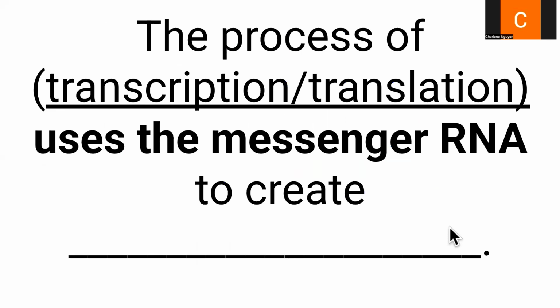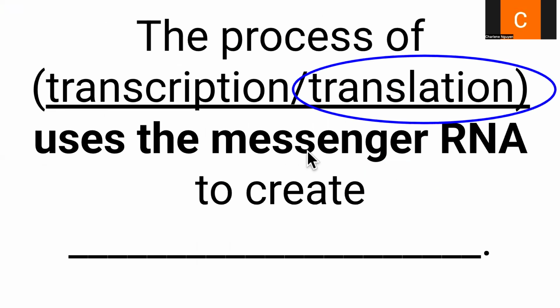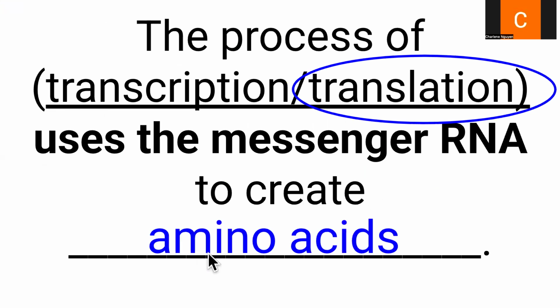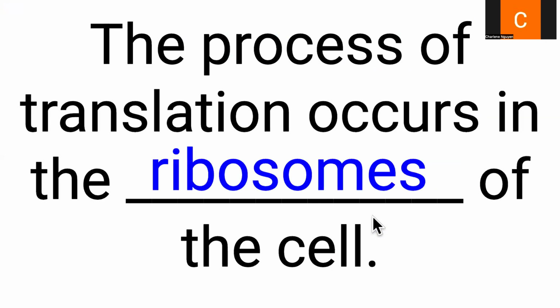The process of blank uses the messenger RNA to create. So here we're going through the process of translation to use the messenger RNA to create our amino acids. And amino acids make up proteins. And lastly, the process of translation occurs in the ribosomes. So specifically on the ribosomes found in the cell.